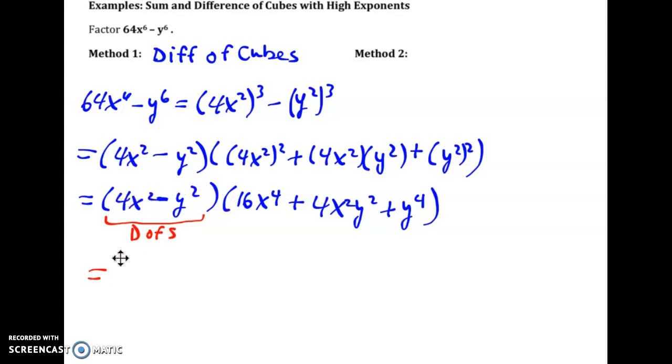Remember, difference of squares, we take the square root of each part. So square root of the first part is 2x, it goes in the front of each bracket. Square root of the last term is y, it goes in the back of each bracket. One gets a plus, one gets a minus. So that's factoring that first bracket there. The second bracket would just stay exactly the same.